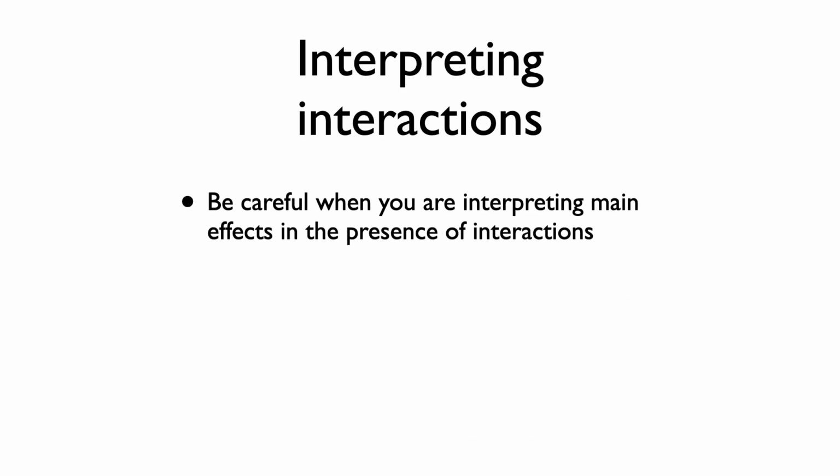So when you're interpreting an interaction, it's kind of hard, because interpreting main effects, the effect of A, the effect of B, in the presence of interactions is hard. In fact, it's fraught with bad things. Because if I say that A1 is bigger than A2, and the math shows it, that's fine.